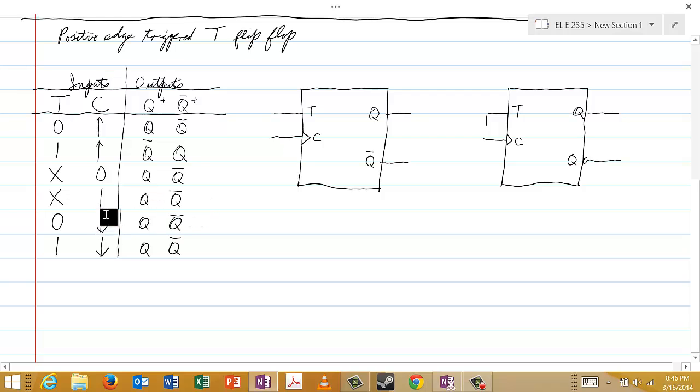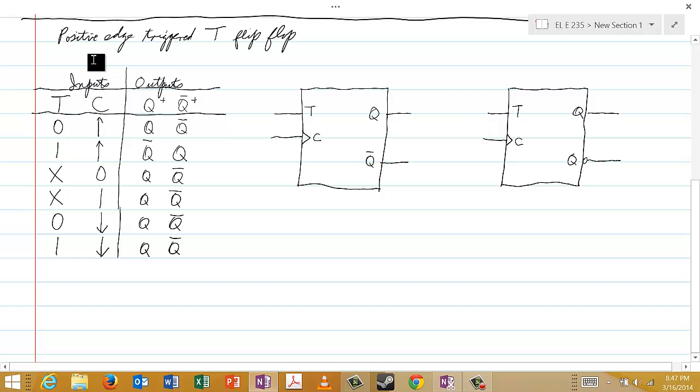Likewise, if the clock is changing from 1 to 0, if it has a trailing or negative edge, in either of those cases, nothing will happen to the output of a positive edge triggered T flip-flop.